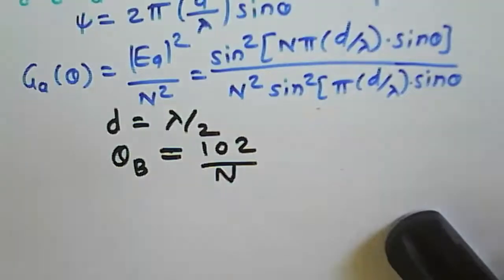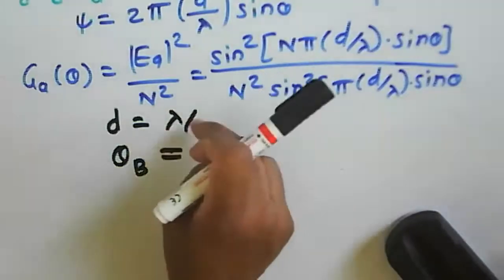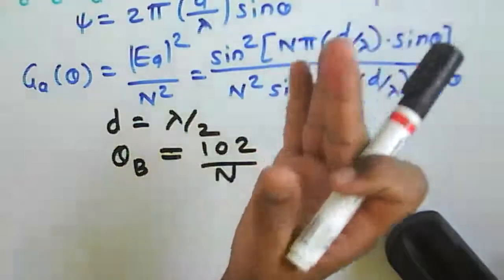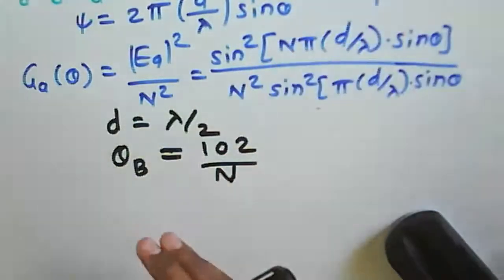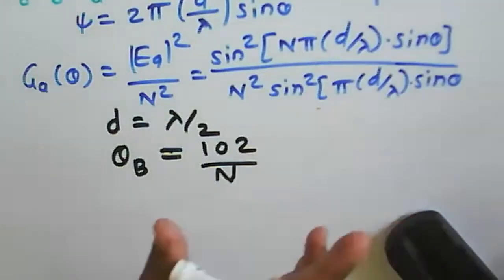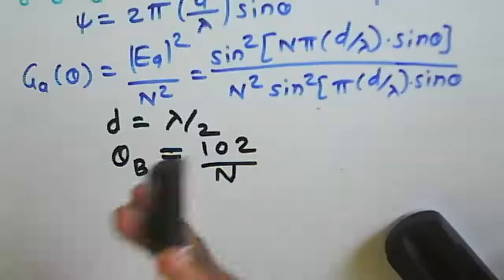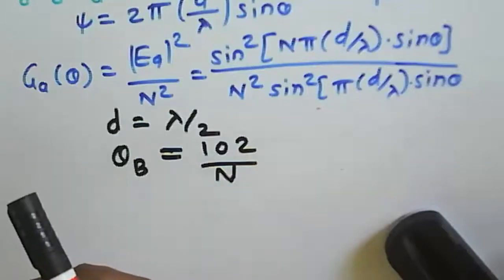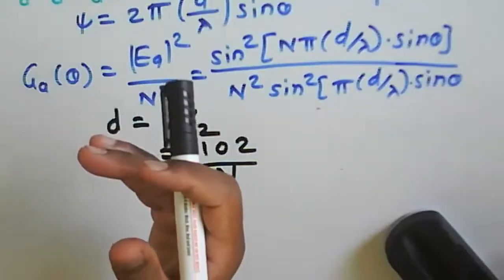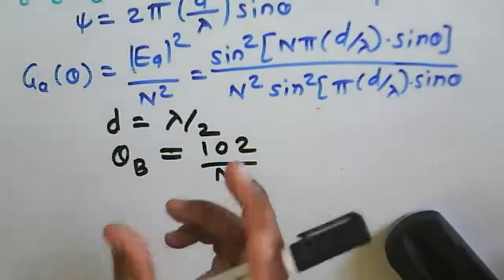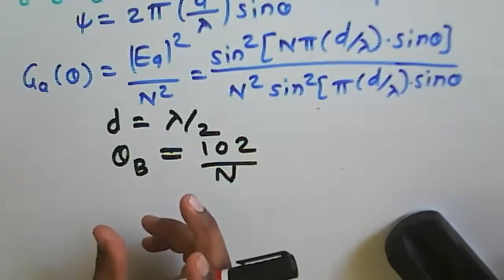If the spacing of the element is varying, instead of lambda by 2, some particular number in terms of wavelength, then the beam width will change. So at what particular value of spacing, what will be the beam width value, that we need to find out.